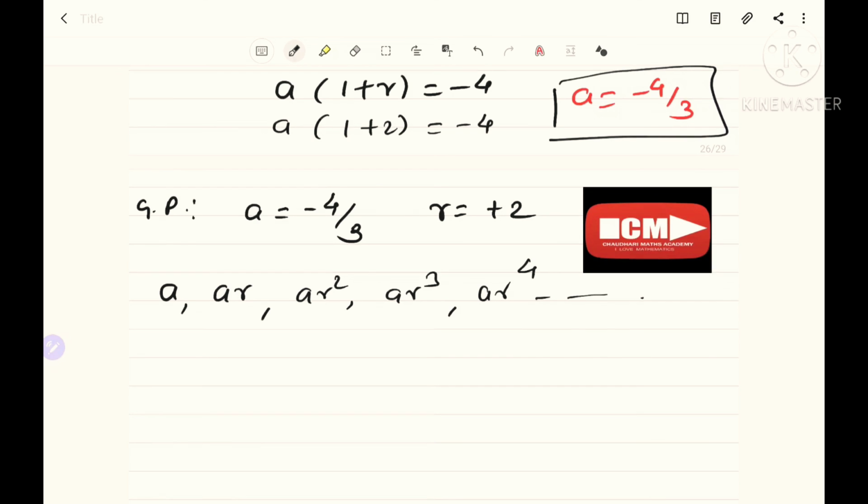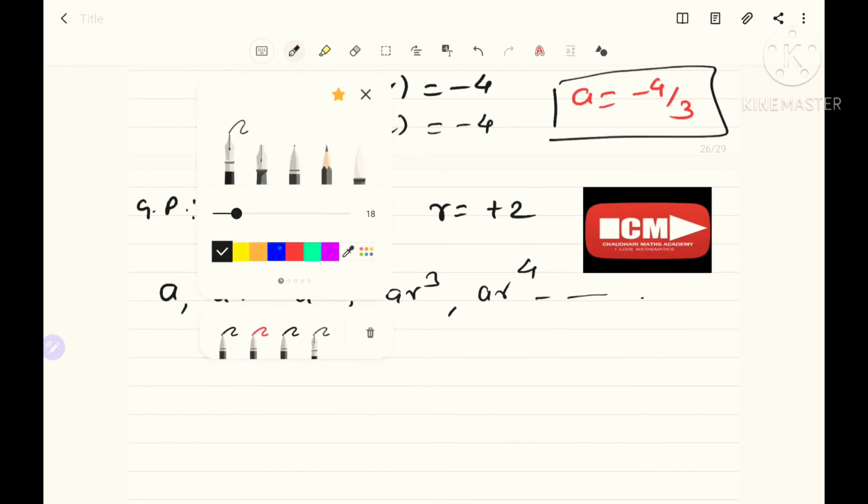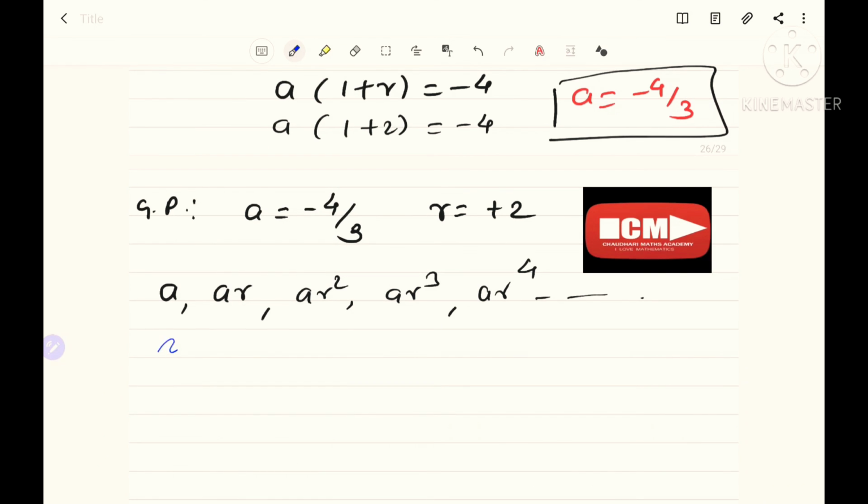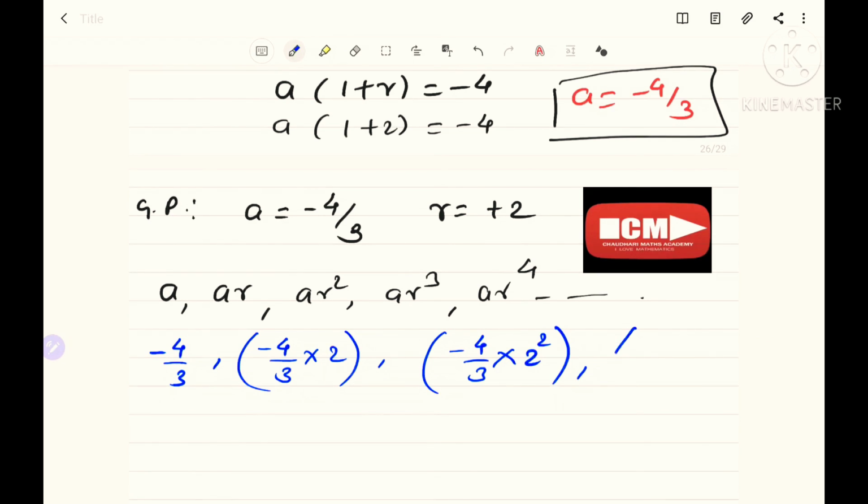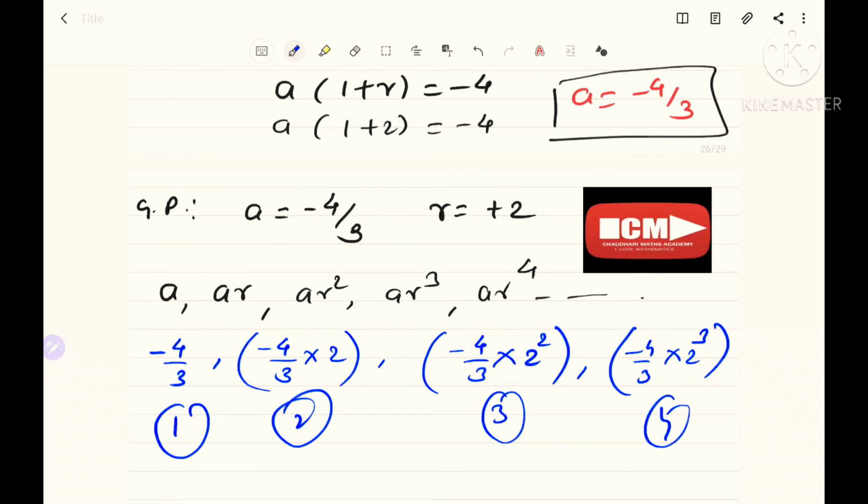I request every one of you to substitute these values in this pattern. The first number is a, which is -4/3. The second number, a into r, is -4/3 into 2. The third number is -4/3 into 2 square. The next is -4/3 into 2 cube. Do the maths and find the terms of the required geometric progression.